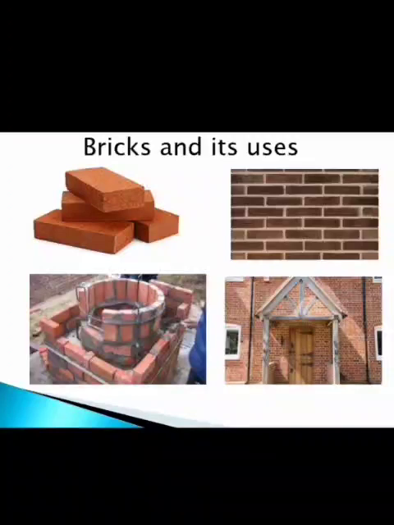Well, a cuboid is a solid shape having 6 rectangular faces. That means a cuboid or a brick is having 6 rectangular faces. Brick is also having 8 vertices and 12 edges.